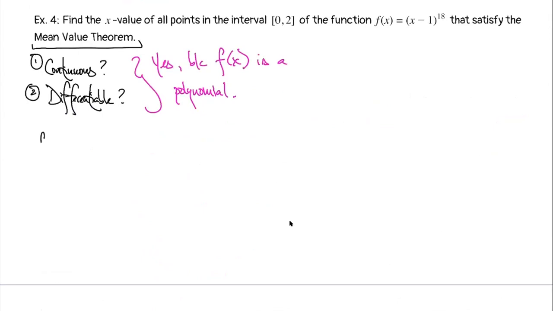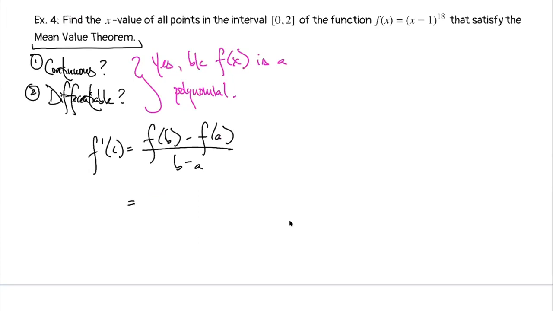So we have f prime of c equals f of b minus f of a over b minus a. All right. What can I put for the left-hand side? How could we express the left-hand side?